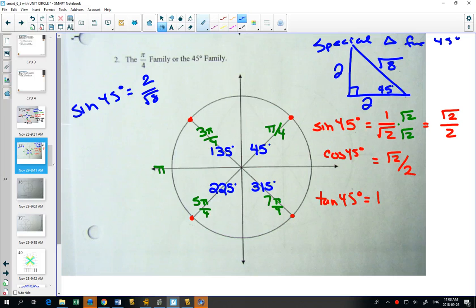If I rationalize this, I'm going to get root 8 and root 8, 2 root 8 all over 8. What can I do to simplify that? I can divide by 2, and then I would get root 8 over 4. What else can I do to simplify that?